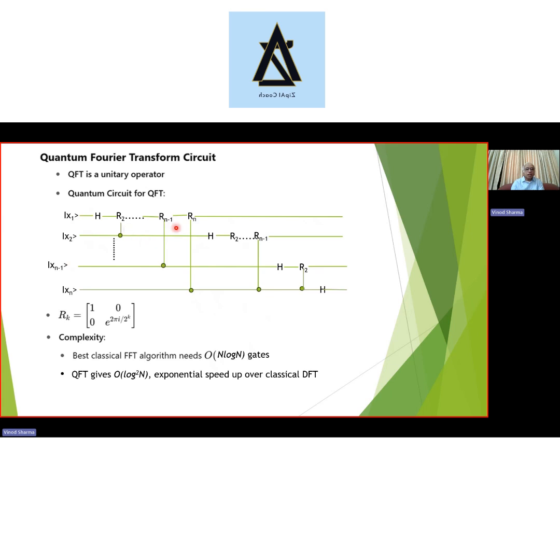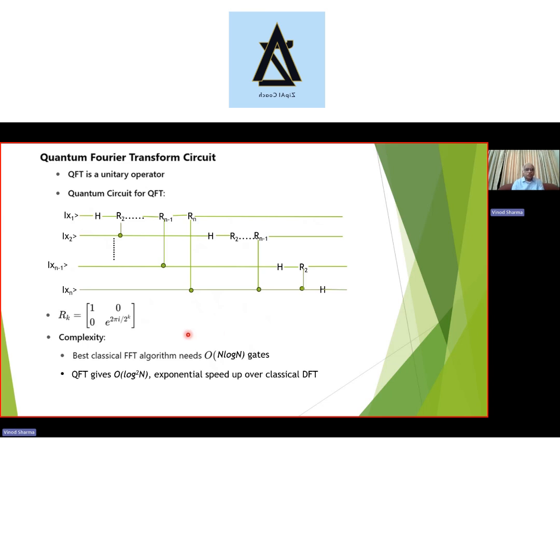And what are these Rs? Rs are rotations. So this will represent a controlled rotation controlled by x2, and Rk in general is given by this matrix: 1, 0, 0, e raised to 2 pi i divided by 2 raised to power k. So this is how we can show that at the output we get the QFT of the sequence x0 to xn minus 1.